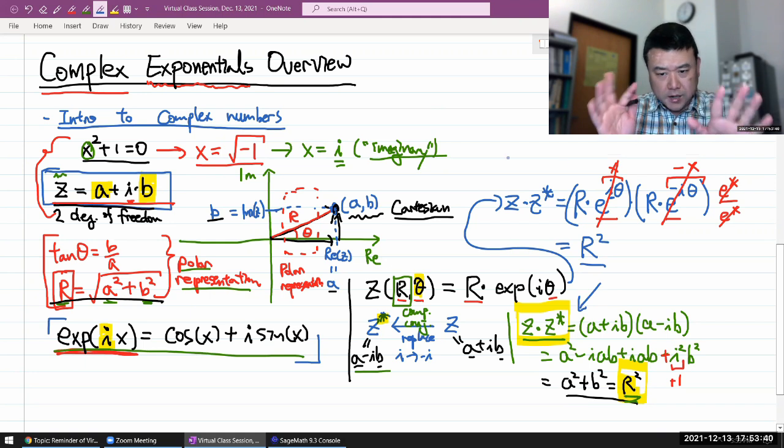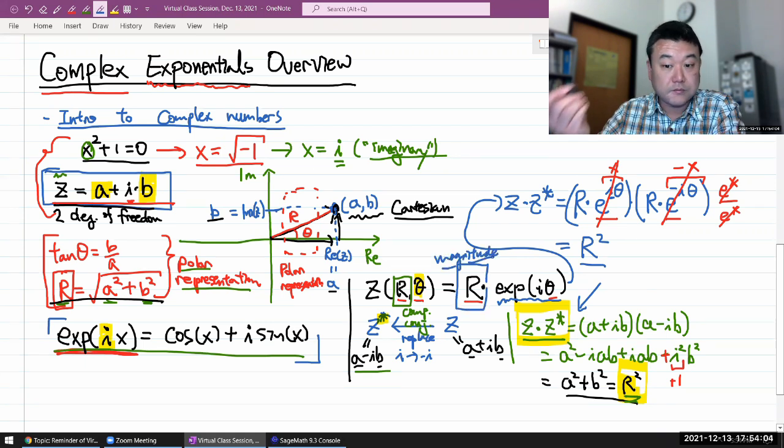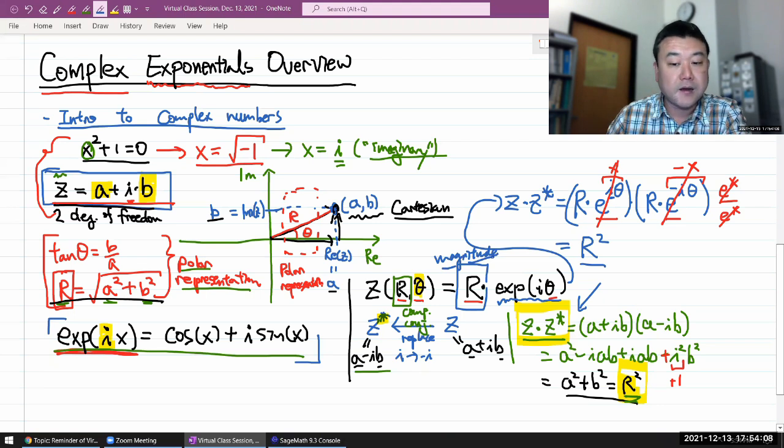And when you look at this and notice the property of exponentials, where whenever you do a complex conjugate, the exponential of x turns into the exponential of minus x, you can see that in this representation, this represents the magnitude right away, without needing to do any complicated operations.